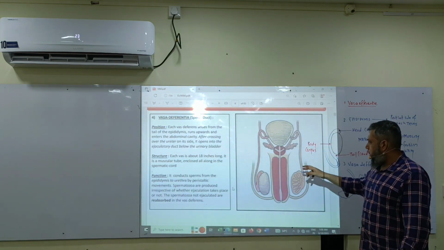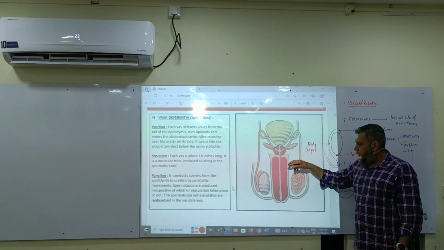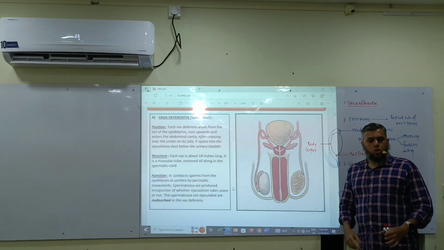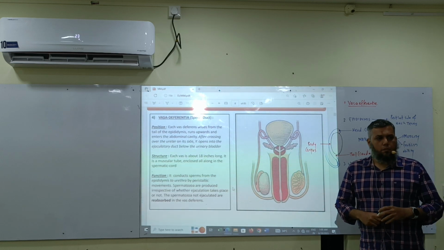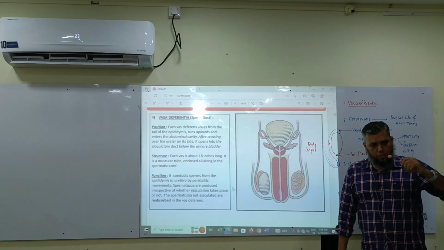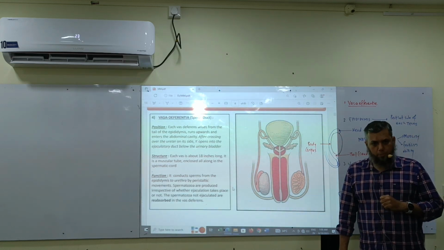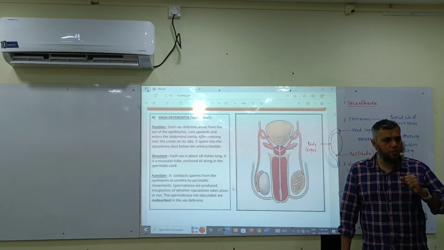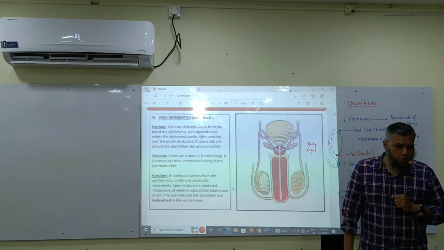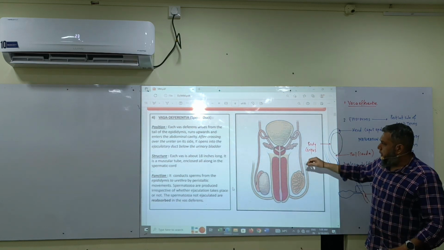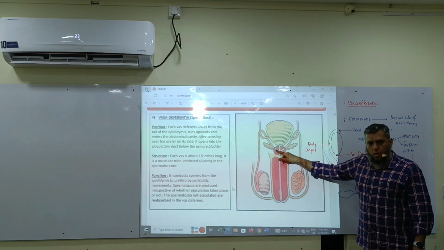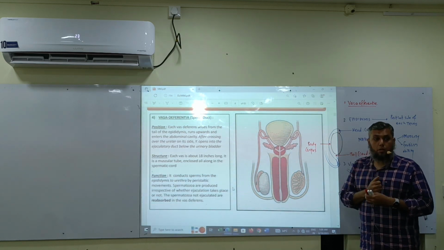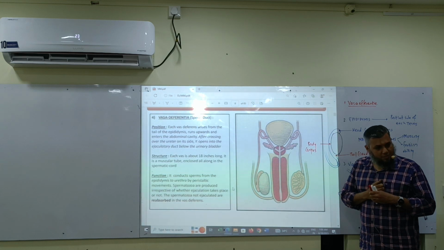Already the prostate gland and the Cowper's gland are secreting. So when the man has a very heightened sexual arousal, under the effect of the autonomous nervous system, you remember autonomous nervous system, the ejaculatory ducts become full with the fluids.